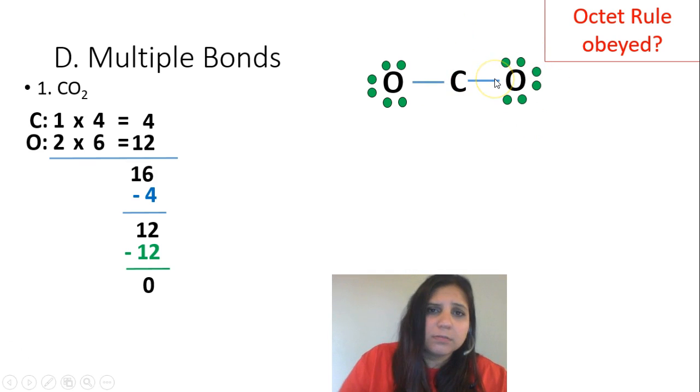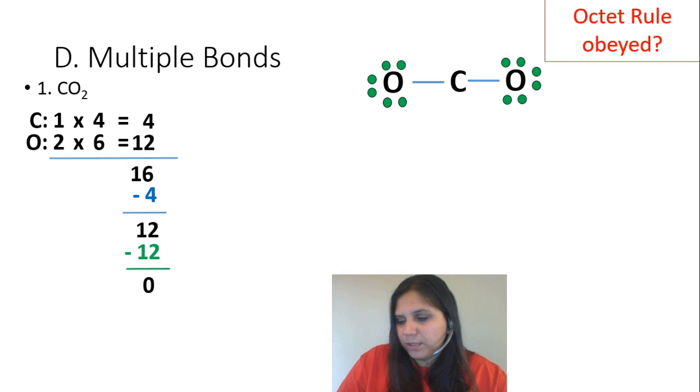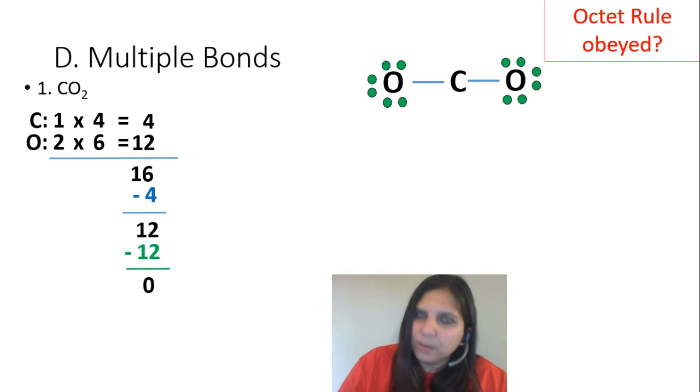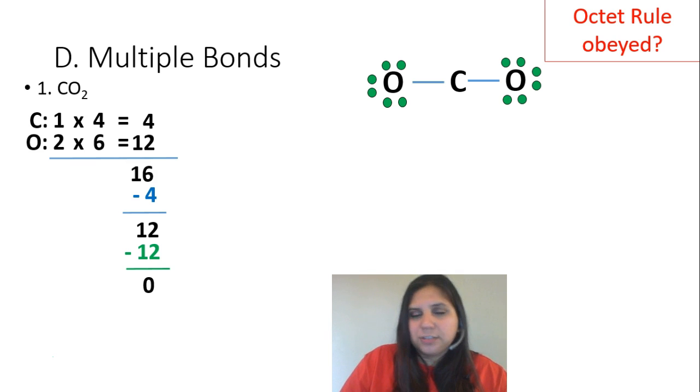Carbon only has 4, so that's not okay. The octet rule has not been obeyed. So here's what you're going to do. Step 5 says put them on the remaining if you have any remaining, and we don't. If you don't have any remaining, then we need to steal because the octet's not full for carbon, and so no octet on C.